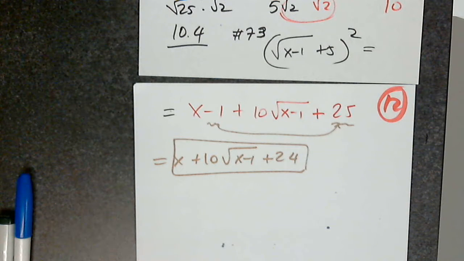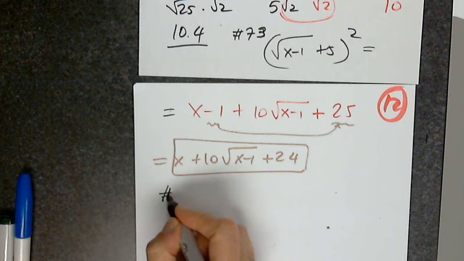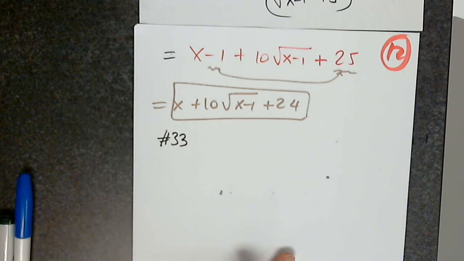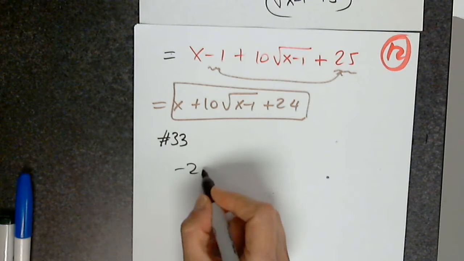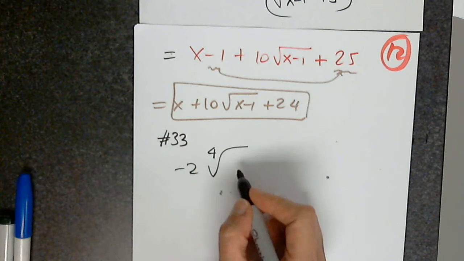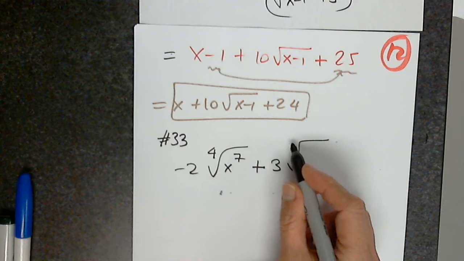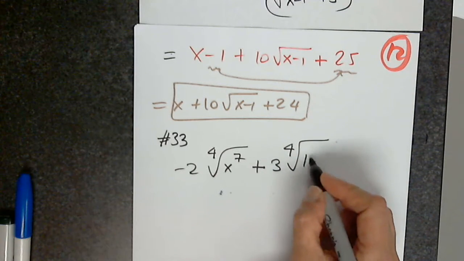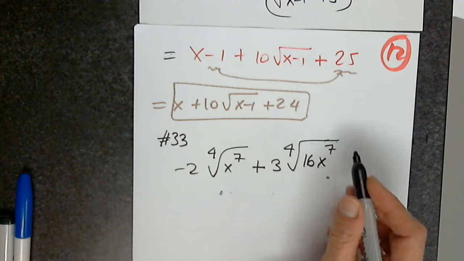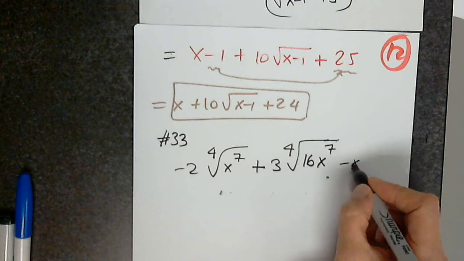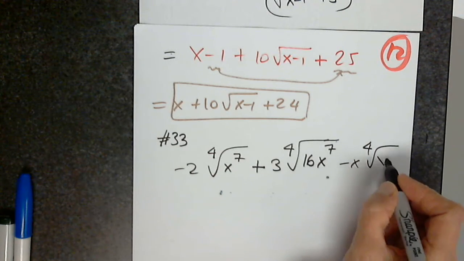Okay, so let's also look at number 33. Negative 2, the fourth root of x to the 7th, plus 3, the fourth root of 16x to the 7th, and minus x, the fourth root of x to the 3rd.